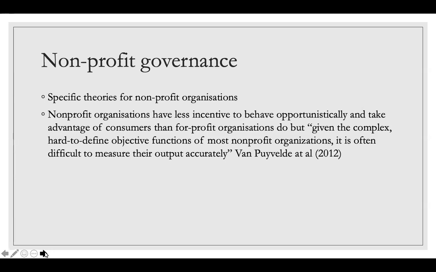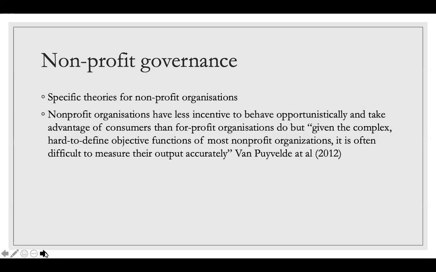So the theory states that unlike for-profit organizations, nonprofits have less incentive to behave opportunistically and to take advantage of consumers or stakeholders than a for-profit organization would.